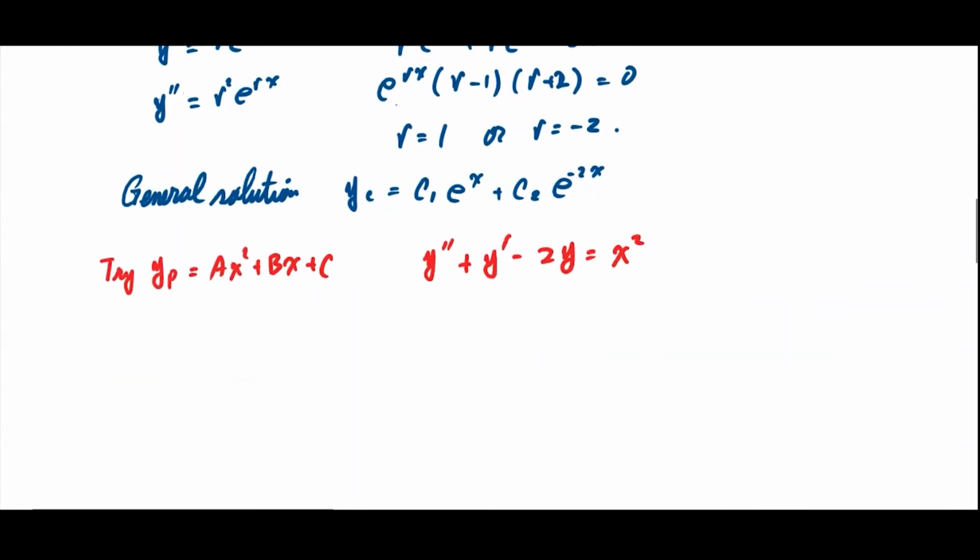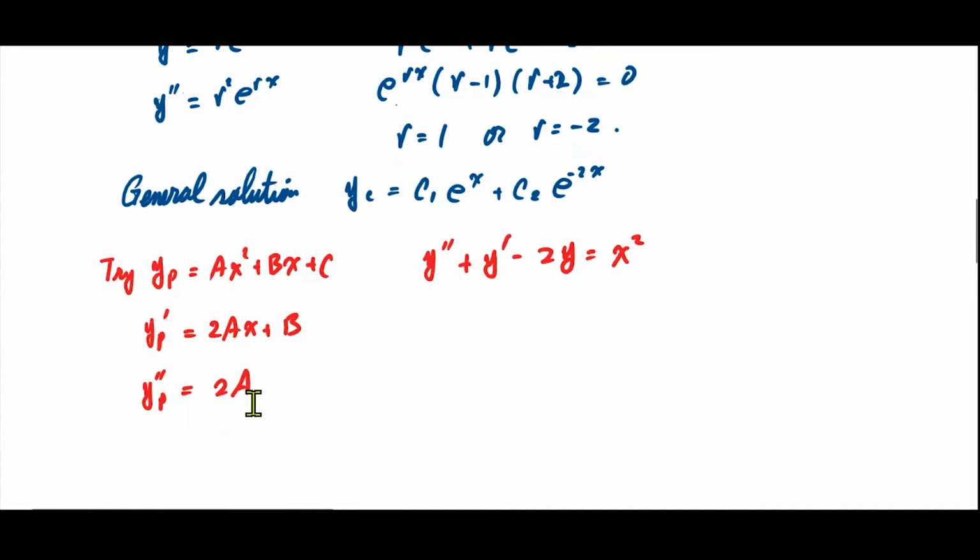This will give us a system of equations again. So y prime of p will be 2ax plus b, and y double prime of p will be 2a. Now we have to plug all of that in. Okay, so let's suck it up and do it.